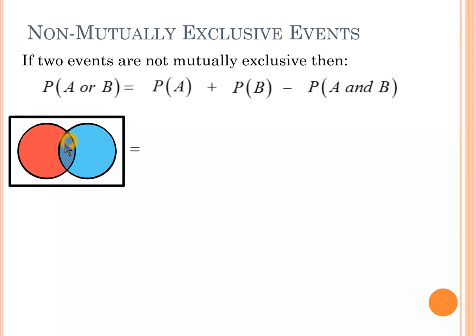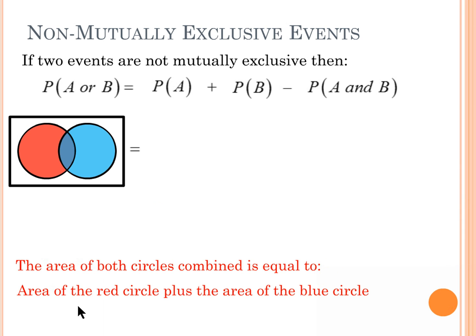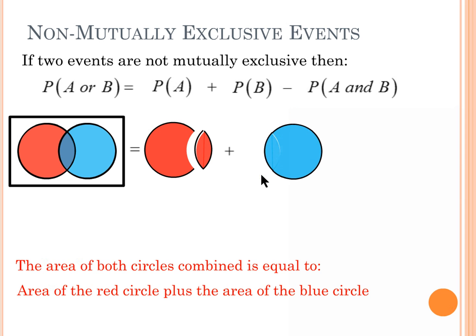I will have a common area here, and the area of both circles combined is equal to the area of the red circle plus the area of the blue circle. So here's my red circle, and there's the common part. And then I have my blue circle, and the blue circle also has a common part.